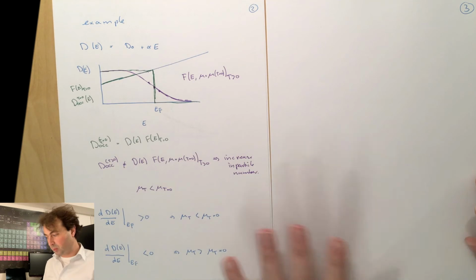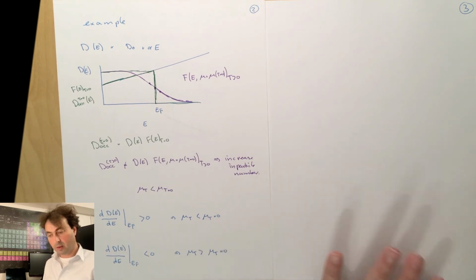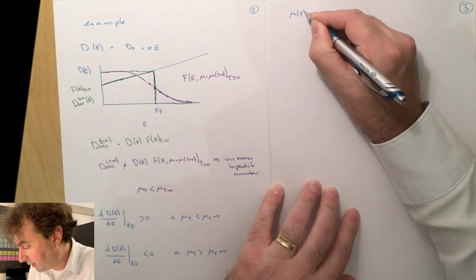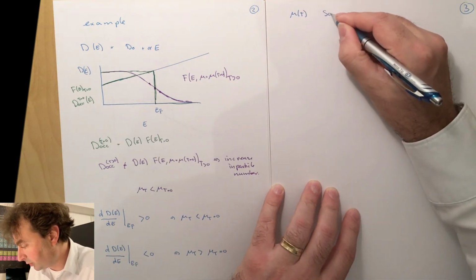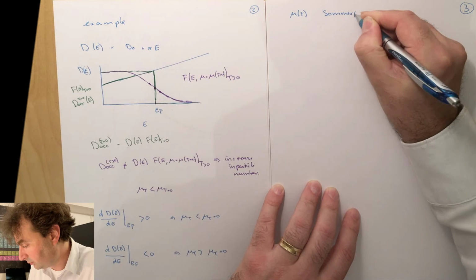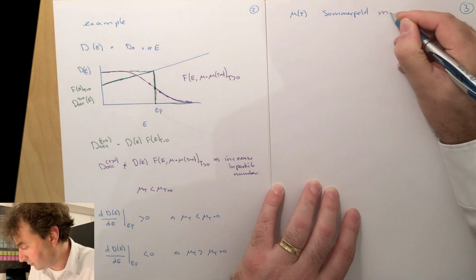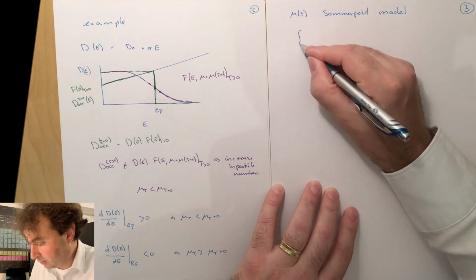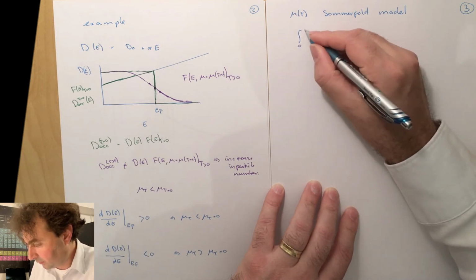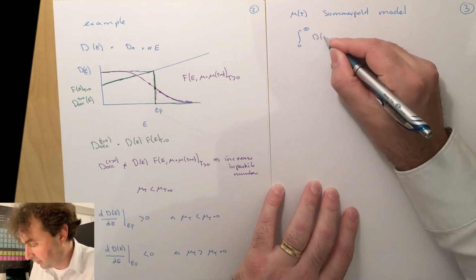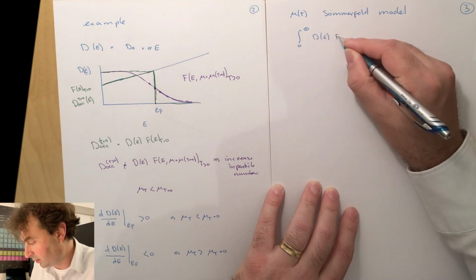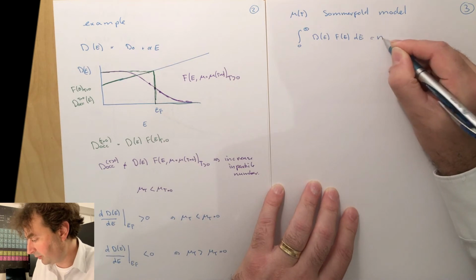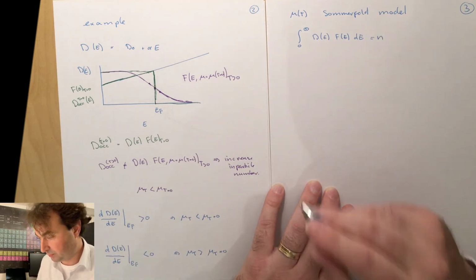So, what I want to do in this lecture further is have a look at the temperature dependence of the chemical potential in the Sommerfeld model. And again, we start with the boundary equation that our total number of particles must be conserved and is independent of temperature.